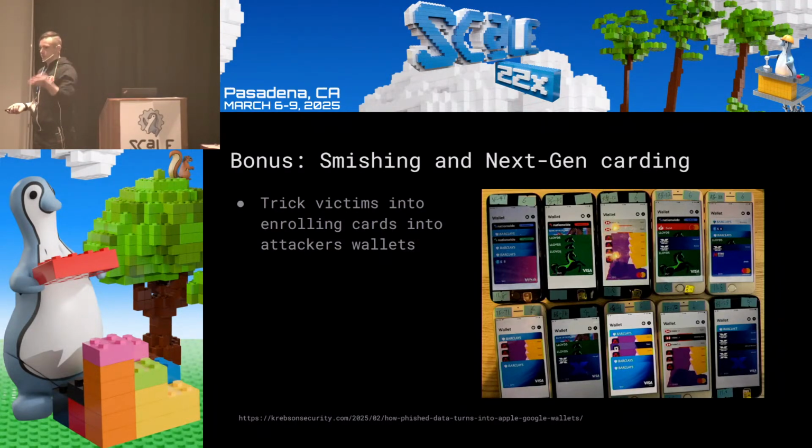Wallet transactions are much lower risk, but they are not without risk, because there's this whole article on how folks are getting phished into giving up their card details and then answering a prompt where the criminals will then add the credit card to a wallet. And so now these wallet transactions have your stolen credit card on them. And merchants are seeing this and saying, oh, cool, it's a wallet transaction. This is really low risk. So this is a whole criminal enterprise you can read about here. I'll link you to the slides.